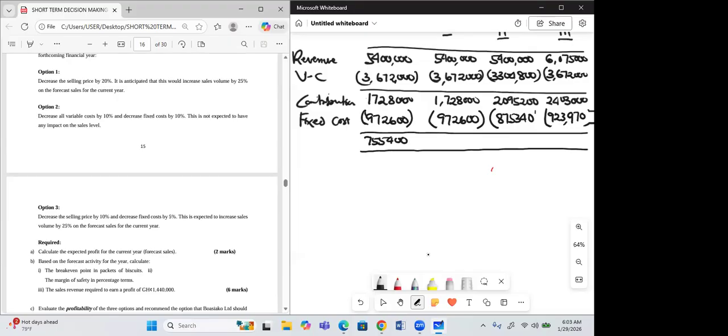Option 2, 1,219,860. Option 3, 1,479,030.